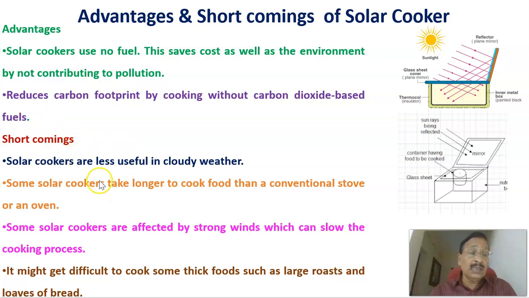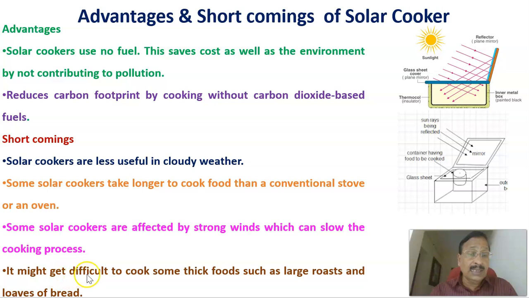Of course, the shortcomings: solar cookers are less useful in cloudy weather. The other three types, not the advanced type, cannot be used as such even on cloudy days. Some solar cookers take longer to cook food than a conventional stove or an oven. Some are affected by strong winds, which can slow down the cooking process.